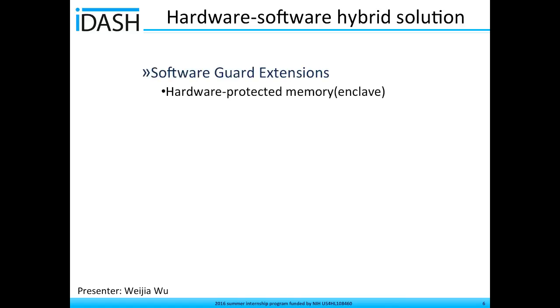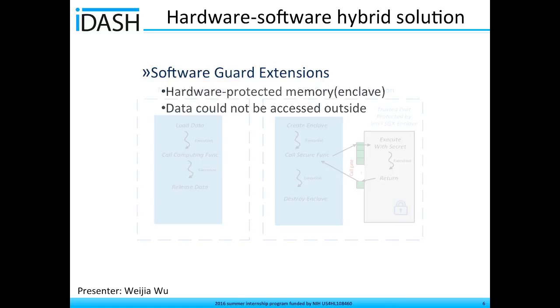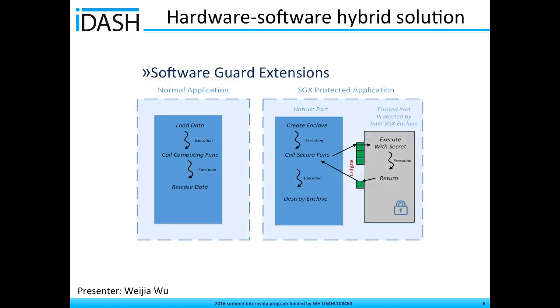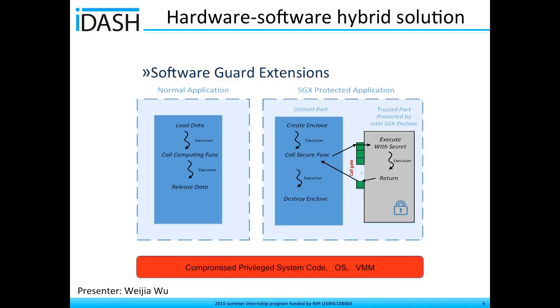One of its most significant features is that it can create a hardware protected module. We call it an enclave. In the enclave, the data cannot be accessed from outside by software, even the operating system. Here is an example. In a normal application, a compromised privileged operating system can easily attack the memory and get the data.